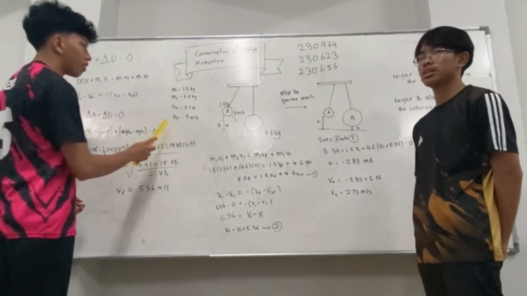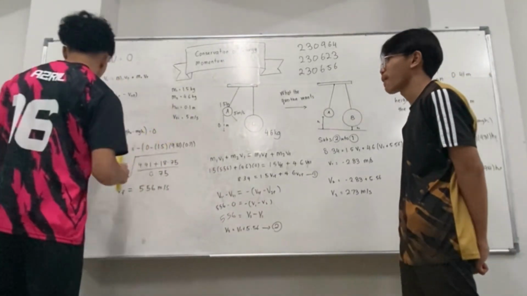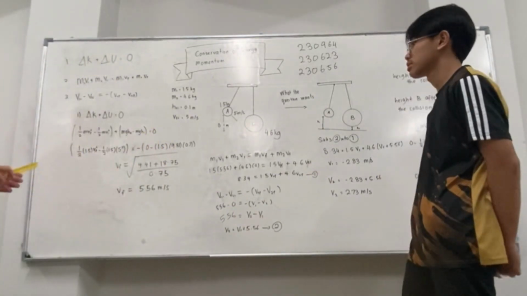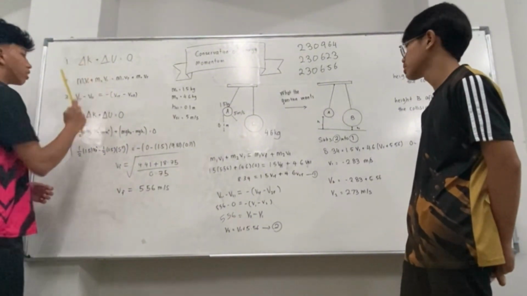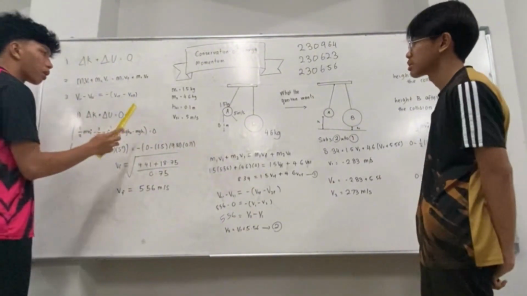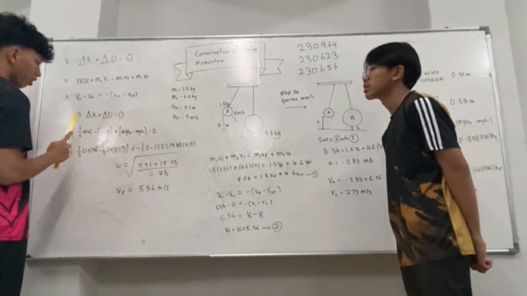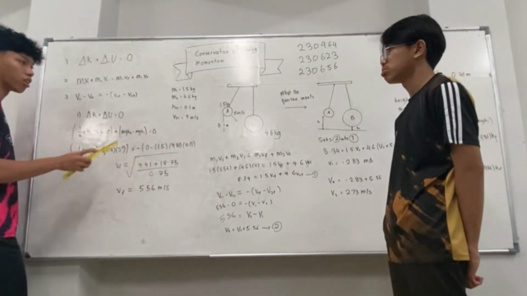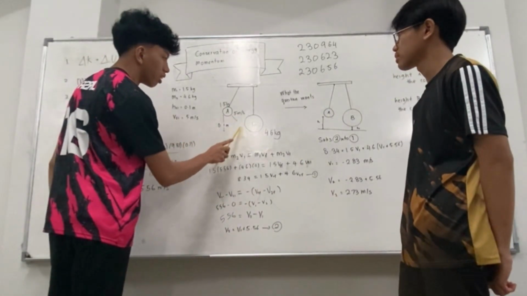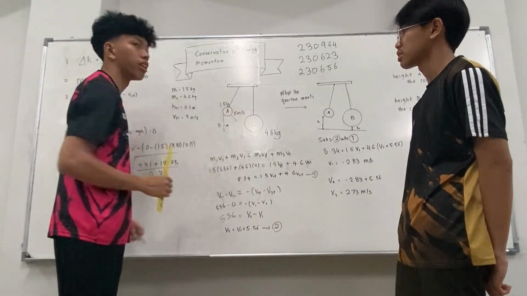Based on the information given, you can use the first conservation of energy formula, which is the general formula. You can plug in every piece of information given. The final velocity is what we want, because the final velocity is the velocity where both balls hit together.